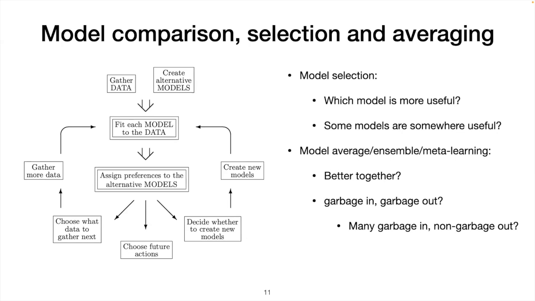Then you look at your model and other alternative models, and you run a model comparison or model selection scheme, or you can run model averaging and generate some better models. Then you look at the model again to decide if it is good enough, and if it's not good enough, you can decide whether you want to improve the model or collect more data.